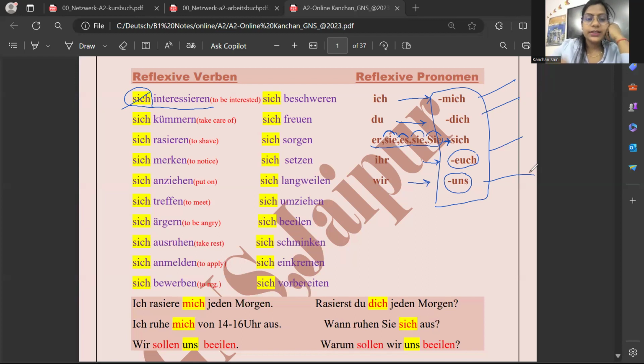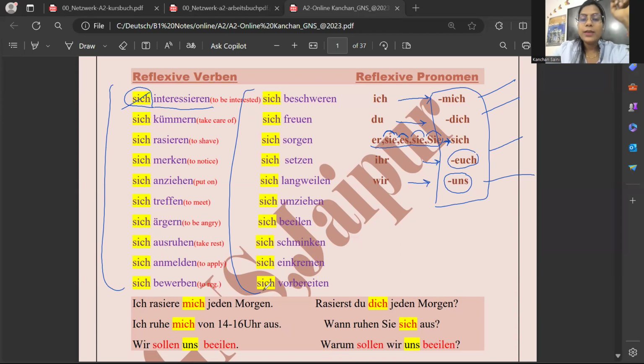Now, a couple of verbs I have already provided with their meaning, and on the right side, there are a few verbs where I haven't written the meaning. So first of all, I give you 2 minutes. Take your time and find out the meaning of the given verbs on the right side.